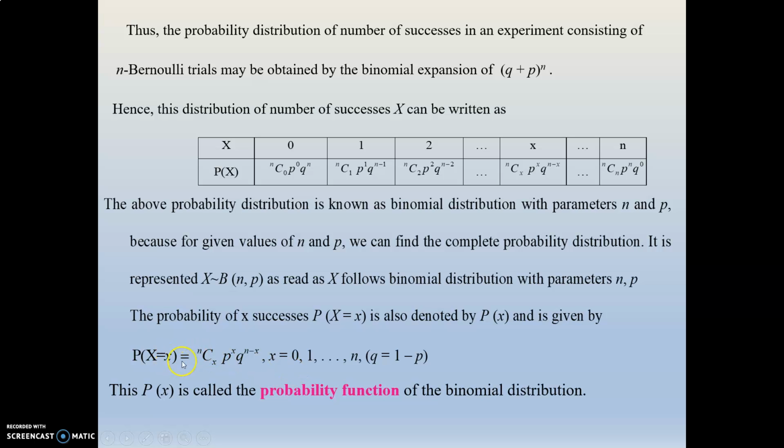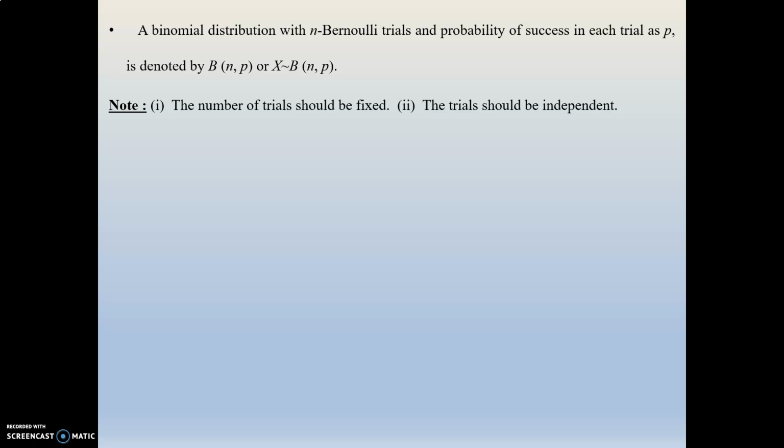So this is the formula for the binomial distribution with parameters n and p. Probability of X equal to x is nCx p raised to x q raised to n minus x, where x is equal to 0, 1, 2, 3, etc. up to n. This is for countable values we are considering binomial distribution, and Poisson distribution is the extension of this one that we are not going to study in this section.